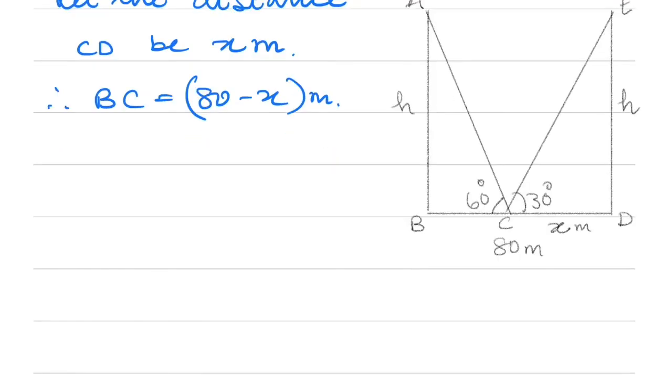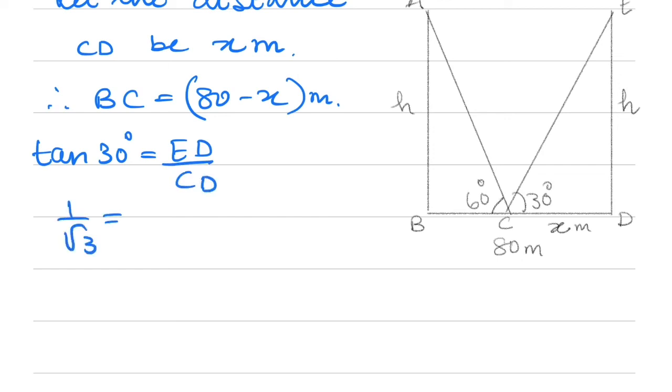Now let's find out tan 30 degree. So tan 30 degree is equal to ED by CD, and here tan 30 degree is 1 by root 3, ED is the height H and CD is X. X is equal to root 3 H. Now let's find out tan 60 degree.